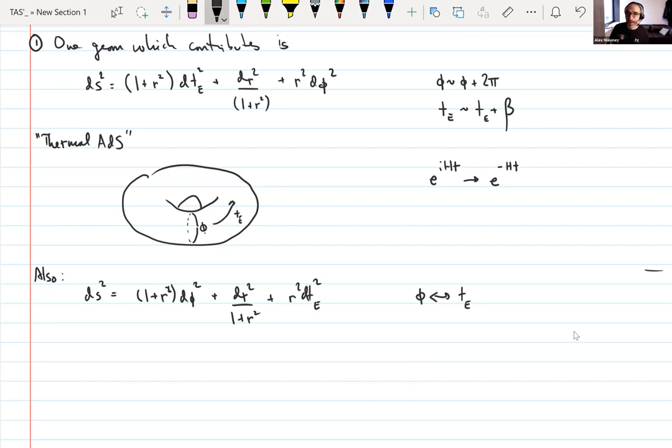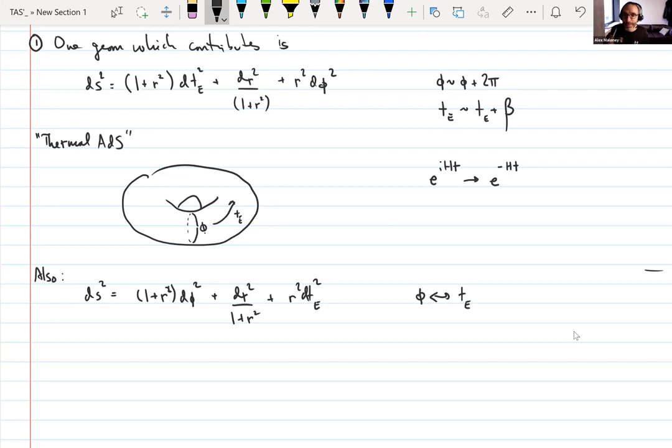But remember, I spent all of the lecture yesterday yelling at you about the definition of gravity in anti-de Sitter space being that diffeomorphisms that don't vanish at infinity are not regarded as gauge transformations. So in particular, this should be regarded as a new solution of general relativity, even though it's the same geometry, because I've done a diffeomorphism that acts non-trivially at the boundary.